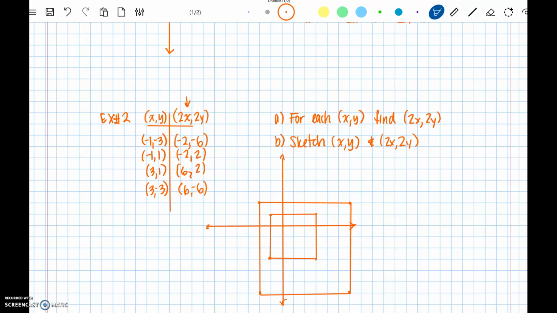A student in the class asked, but shouldn't it be centered at (0, 0)? The center of dilation is (0, 0). If you remember when we dilated without the coordinate plane, we made lines that went from the center of dilation through each point.